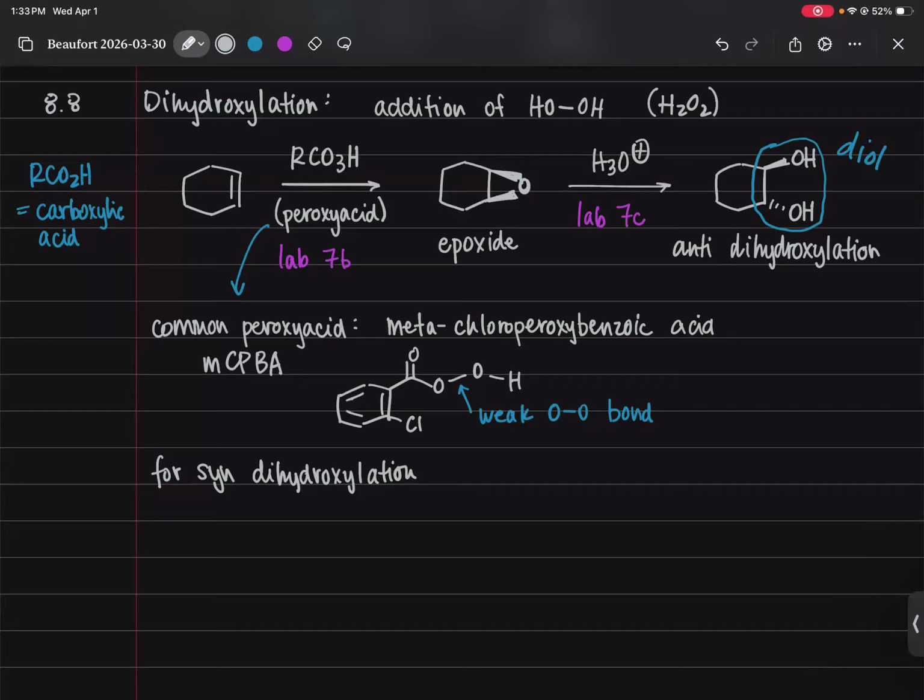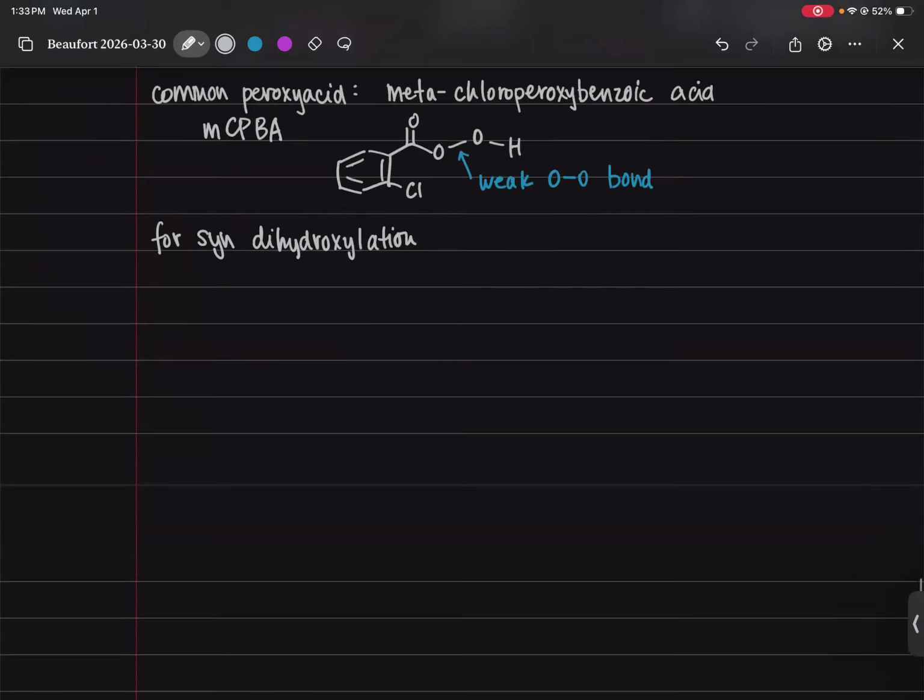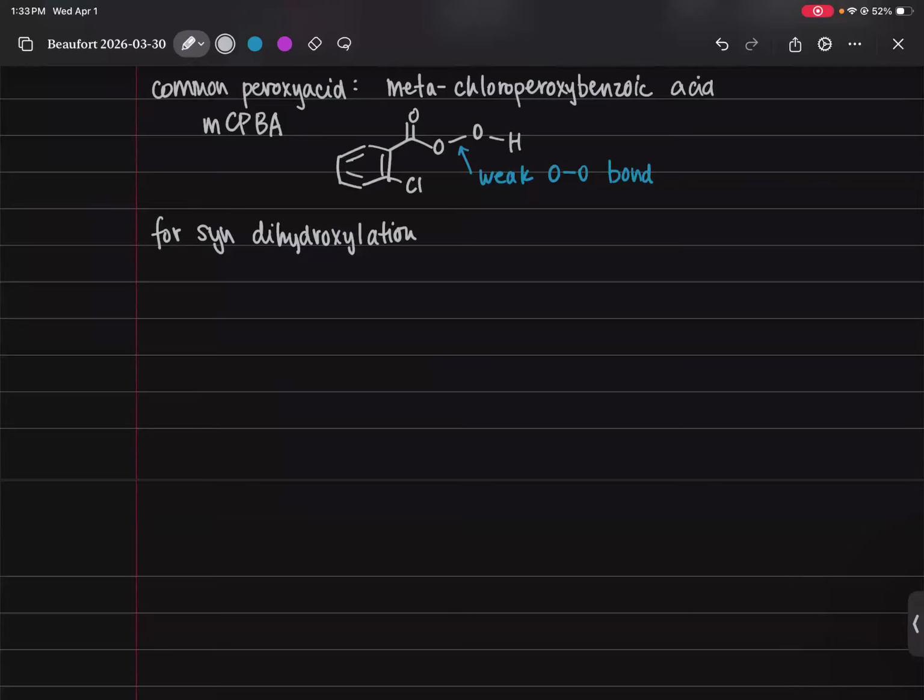Sometimes we'll want syn dihydroxylation. Unfortunately, this method is expensive and kind of dangerous, but it do be like that sometimes. So for syn dihydroxylation, the product is going to be either both OHs on wedges or both OHs on hashes.